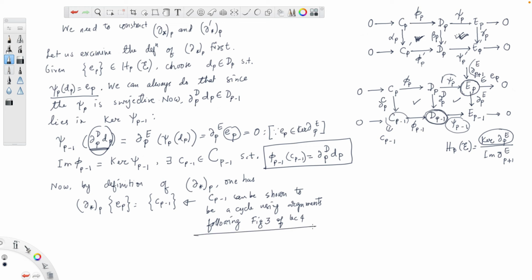So I'm not going into the detail. This is what we have derived earlier. It's a zigzag process of defining this homology boundary homomorphism. So this we number by 3, equation number 3.